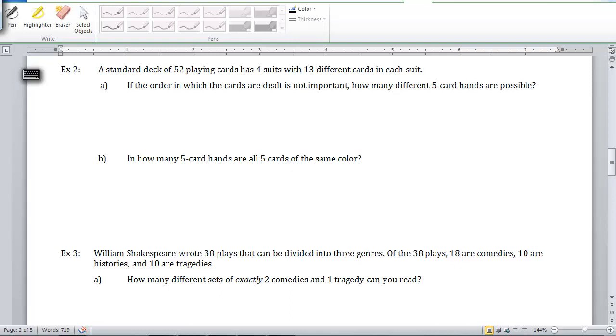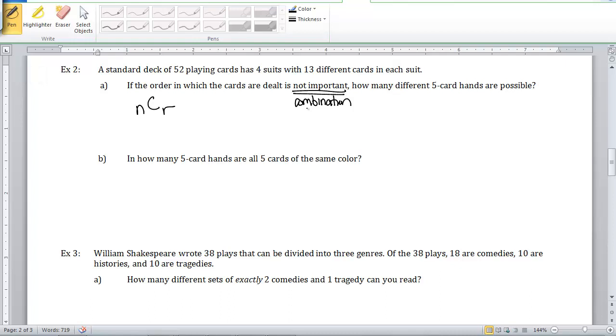Now, in question A, we said if the order of the cards dealt is not important. Again, that is key because the idea that the order is not important is telling me that I need to do a combination here. Doesn't matter if I choose an ace and then a king. I need to know that I have an ace and a king. And so because this is going to be a combination, I'm going to be doing nCr. We want to know how many different 5-card hands there are.